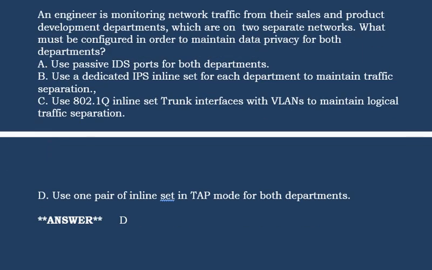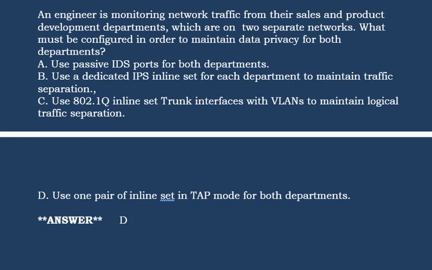Next question is, an engineer is monitoring network traffic from their sales and product development departments, which are on two separate networks. What must be configured in order to maintain data privacy for both departments? Option A. Use passive IDS ports for both departments.